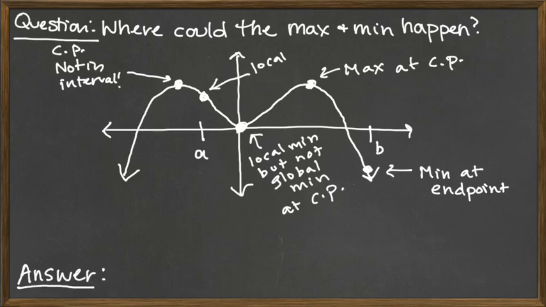So we have a local max, but not global max, at the endpoint. And by max here, I guess I should have said global max. And min here, I should have said global min.